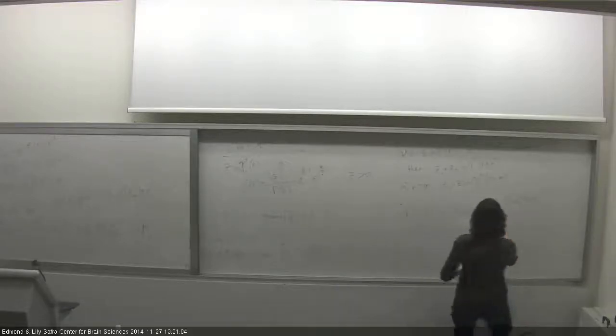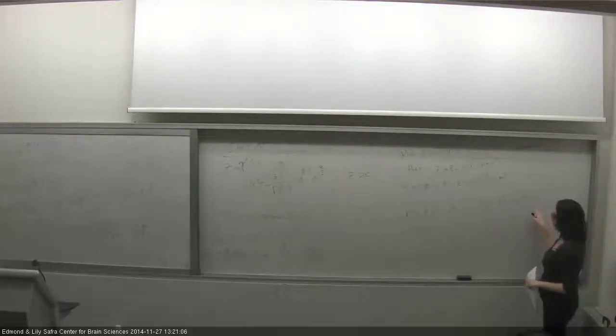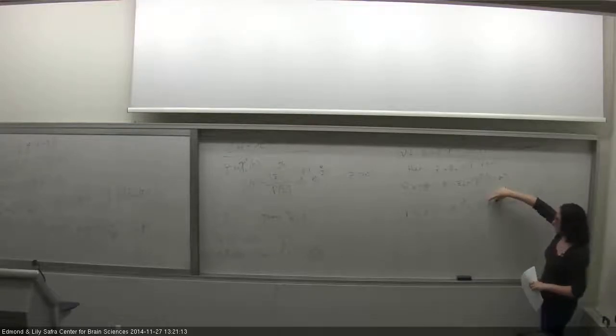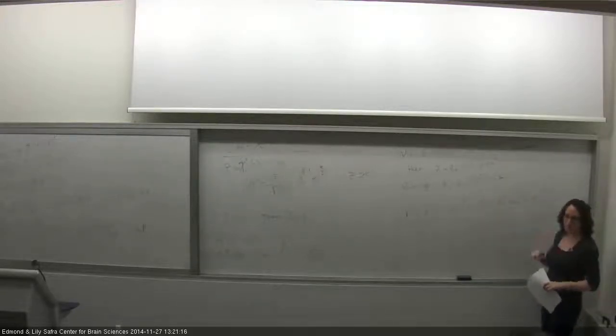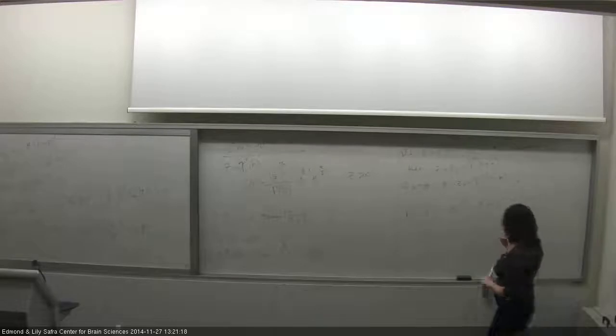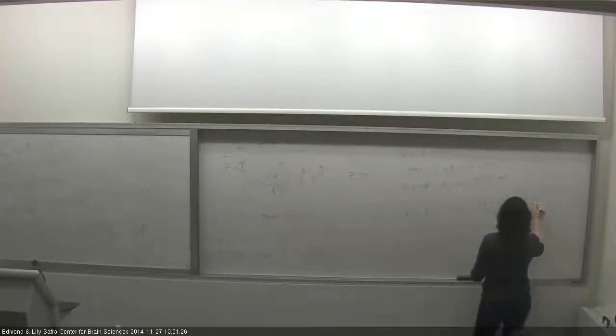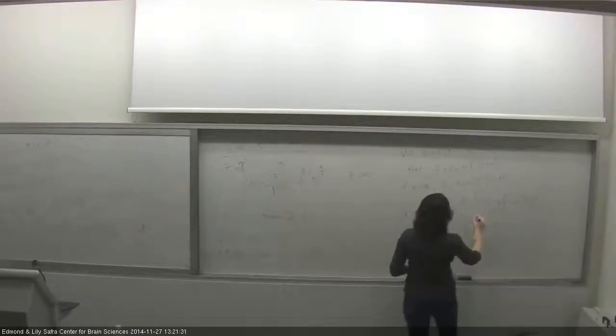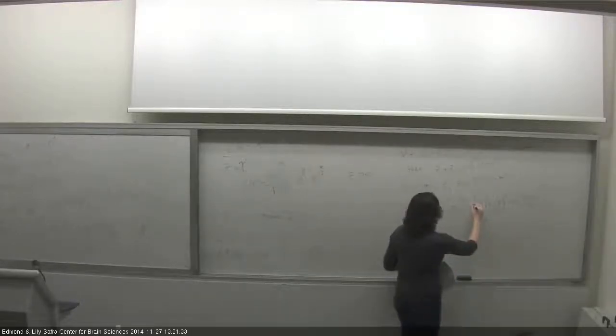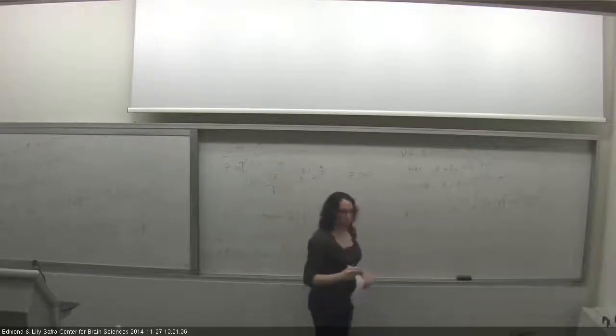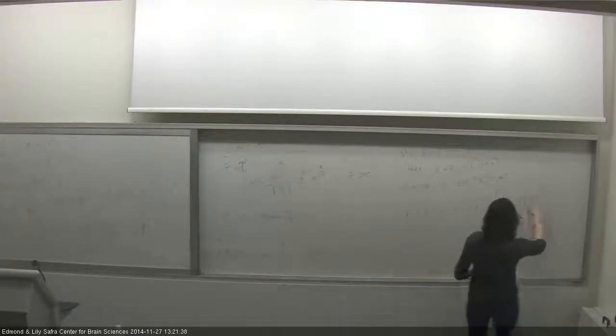Both of these terms already have their mean subtracted, so these random variables have mean 0, but we want the standard deviation to be 1. So I'll divide here by sigma, and I'll divide here by sigma, but then I need to multiply everything by sigma squared, of course.